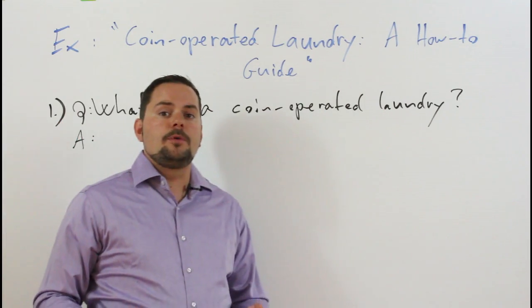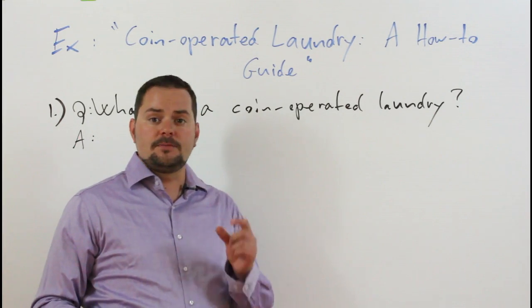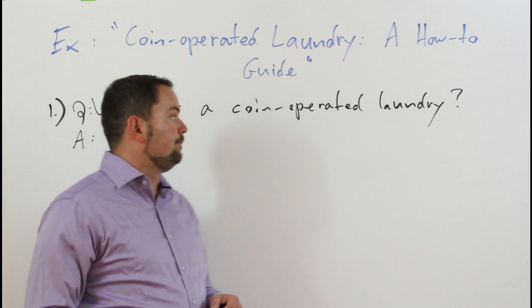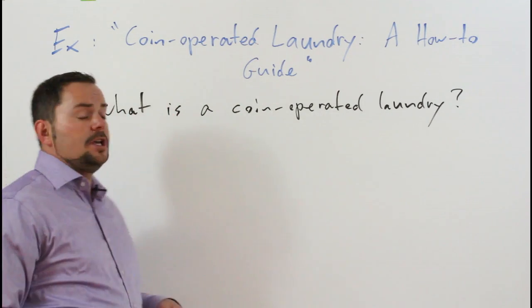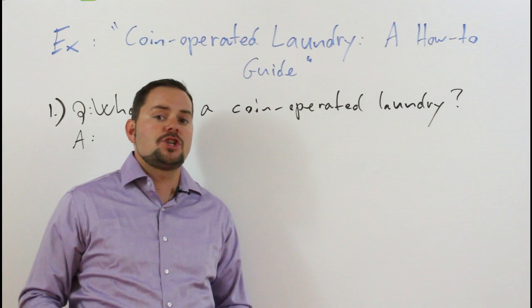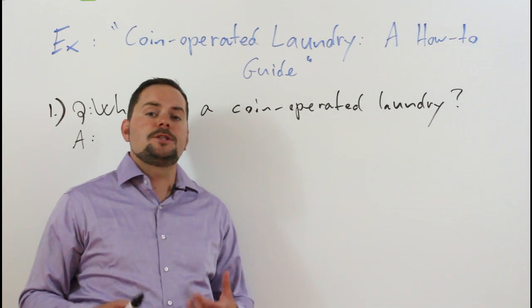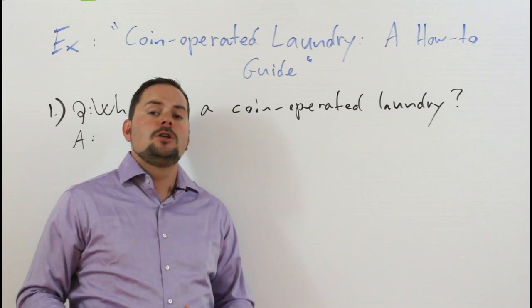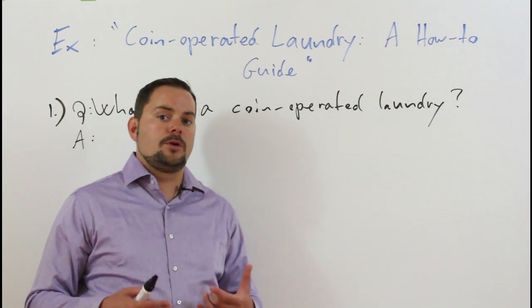Well, a coin-operated laundry, coins are of course money, change, so money that's made of metal. A coin-operated laundry is usually a shared laundry facility where you can wash and dry your clothes, where you need to put some kind of money into a machine to start the laundry machine or the dryer.